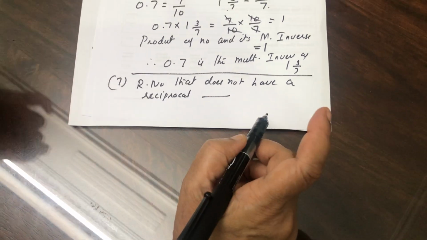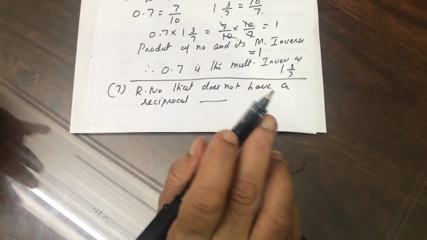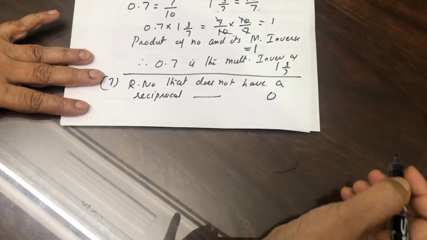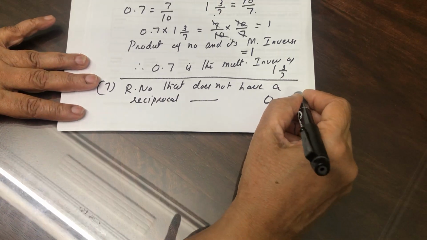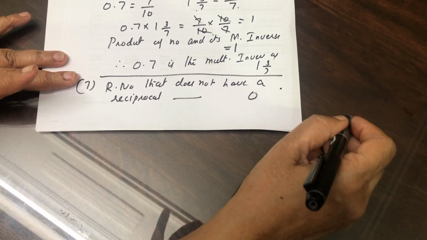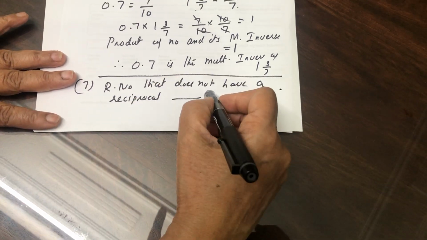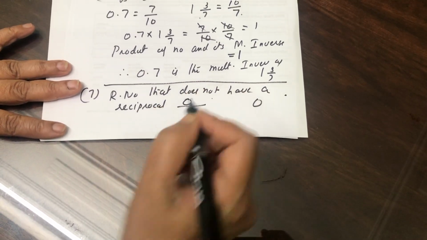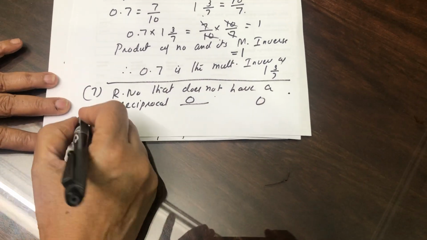So which one rational number does not have a reciprocal? You take 0. The reciprocal is 1 by 0, which is not defined. Therefore, the rational number which does not have a reciprocal is 0.